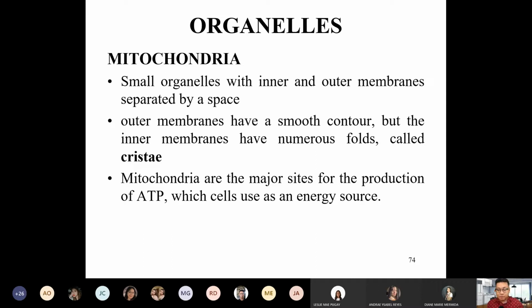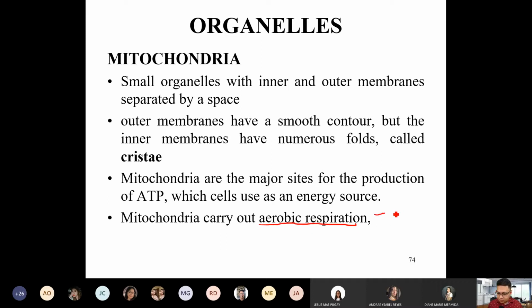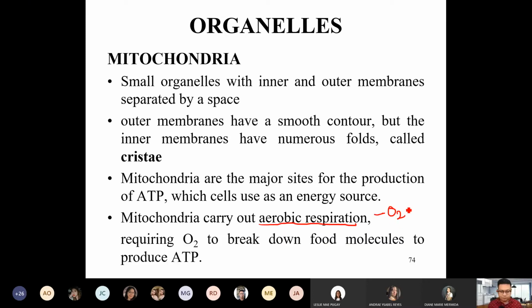So the mitochondria are the major sites of production of ATP, which cells use as an energy source. The mitochondria can carry out aerobic respiration. When we say aerobic respiration, it means you consume oxygen. This requires oxygen to break down food molecules to produce ATP.